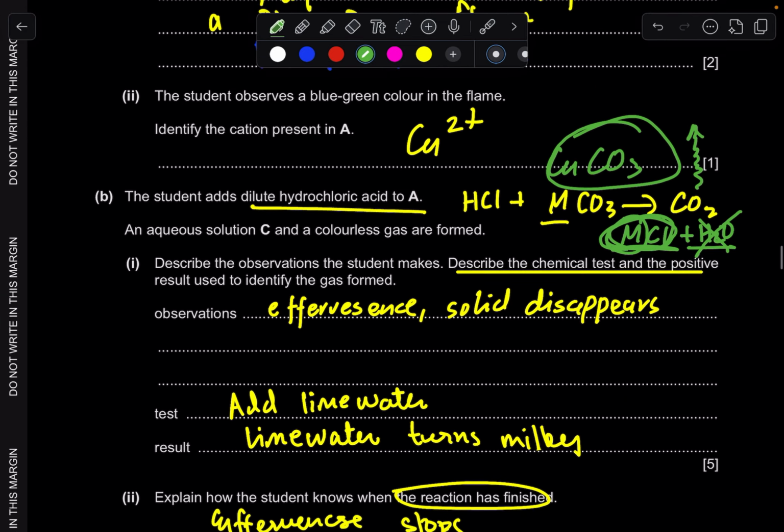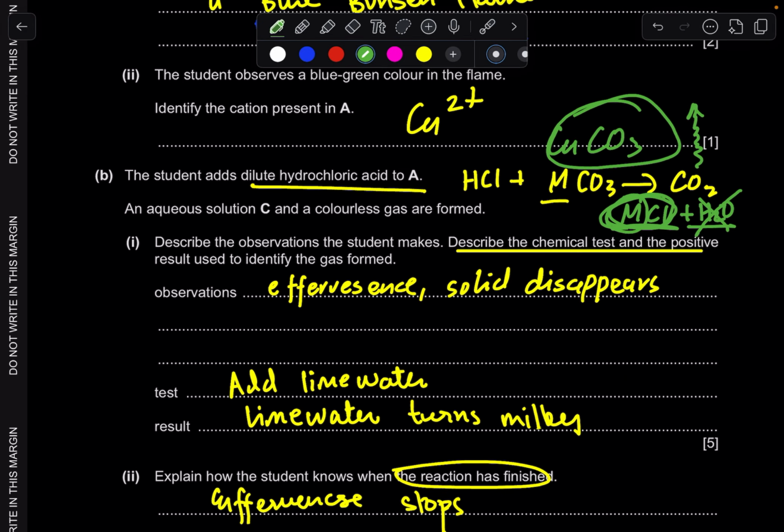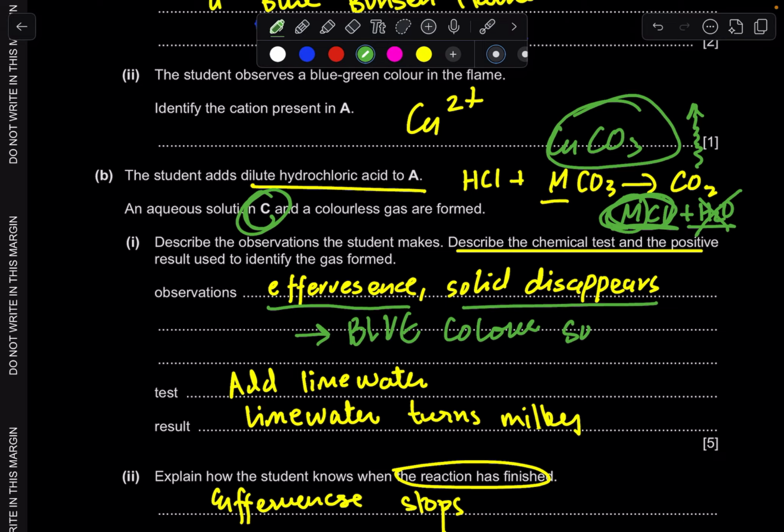And since we dissolved this copper salt, solution C was made up of copper, so with effervescence and the solid disappears, what else observation? Because we're dissolving a copper carbonate, there's gonna be a blue color solution formed. Okay, we're having a copper salt. This part told us that it was copper.